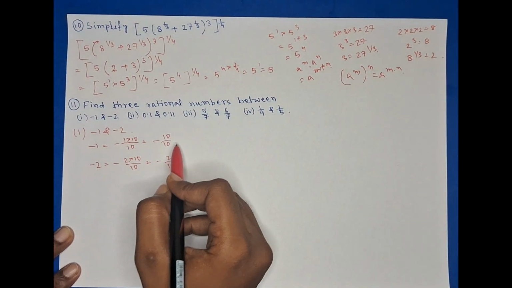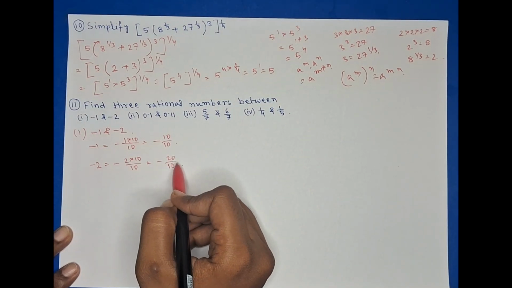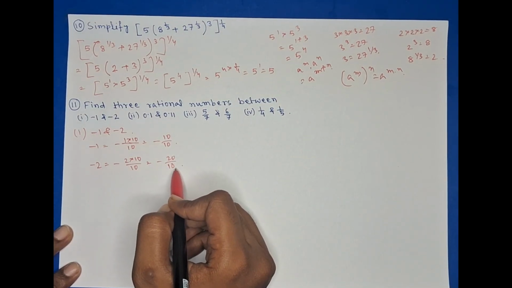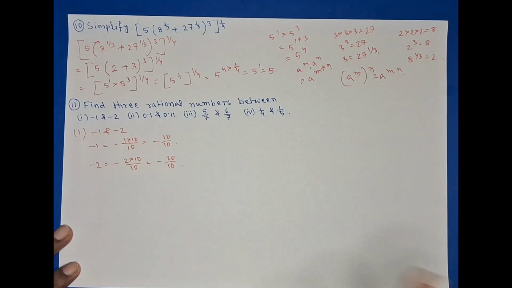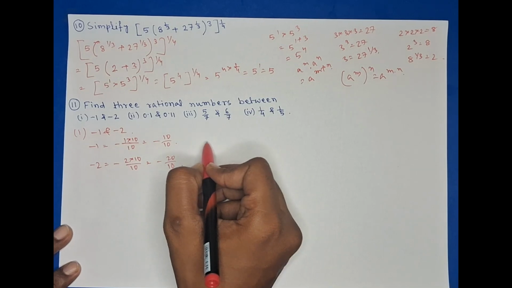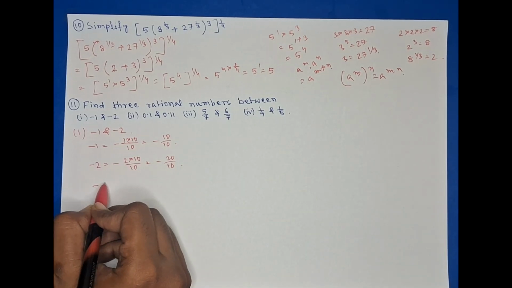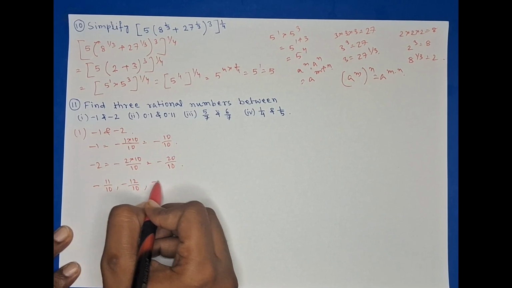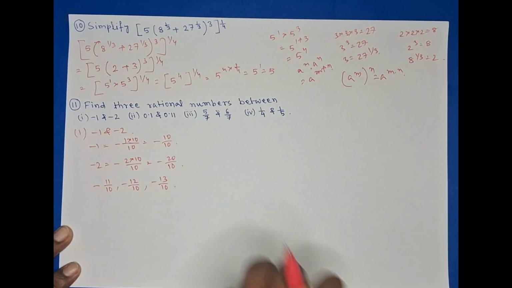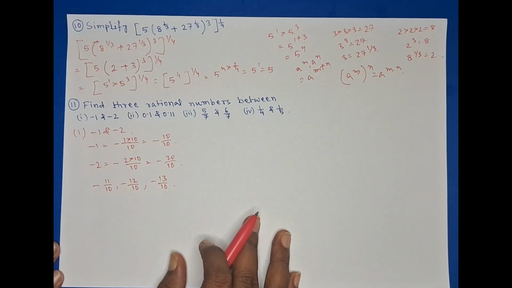Okay, so in between -10 by 10 and -20 by 10, you can find not only three numbers, 3, 4, 5, 6, 7, 8, 9 numbers you can find. So what are the numbers? You can write it as -11 by 10, -12 by 10, -13 by 10. Take these three numbers. Done.